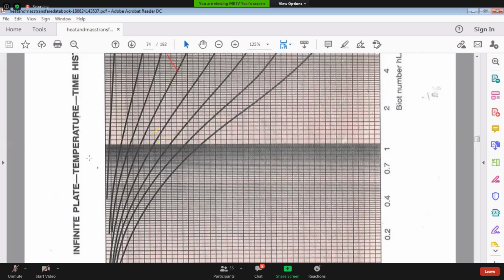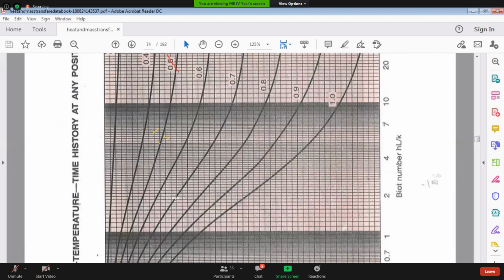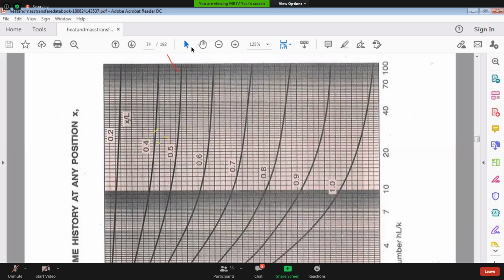Infinite plate, temperature at a particular distance x by L. Anyway, here also I showed 1 by Biot number, but here also you don't need to go for the calculation of 1 by Biot number, hL. 1 by Biot number is also correct, I'm not saying it's wrong, but those charts are not available. That is the reason. Yesterday I could not find this data book, so I explained with the help of that source.